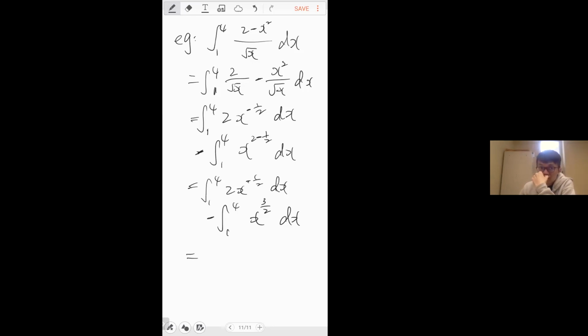What is it? You use the same formula again. So you're going to get something like 2x to the negative 1/2 plus 1 divided by negative 1/2 plus 1, plugging in 1 and 4, minus the antiderivative of x to the 3/2.